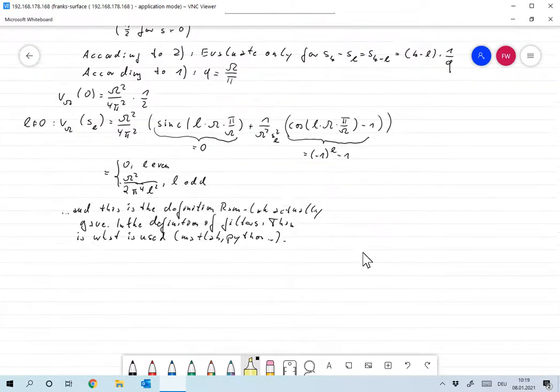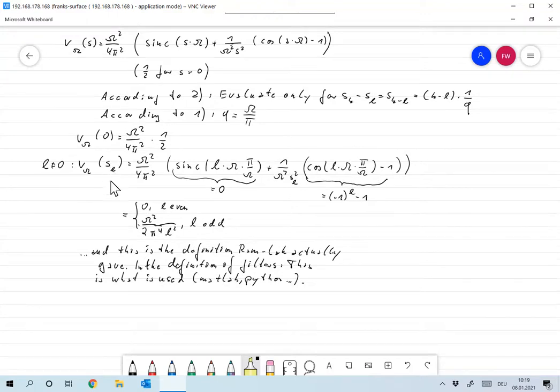Okay, and in fact, this is the definition that Ramlak actually gave in their groundbreaking paper. If you happen to look into it, I think they don't even talk about the sinc and cosine and all these things, but really they come up with this definition down here, taking a completely different route.